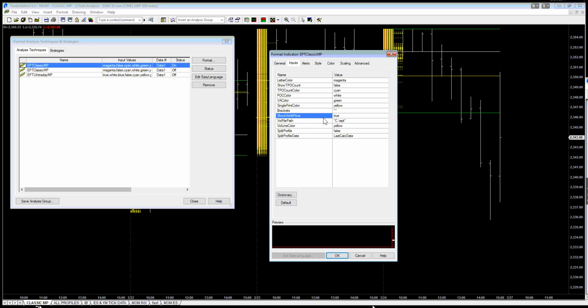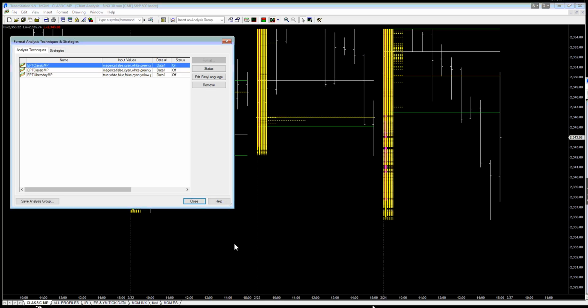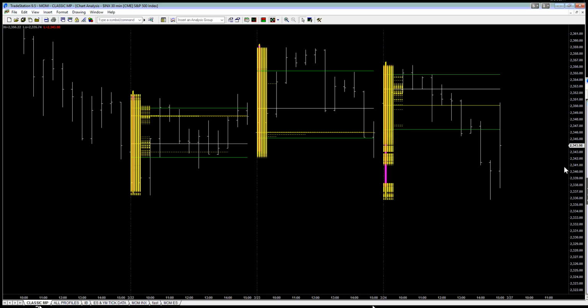Now, you have to be collecting tick data in order for this to work. But this is how it appears. Your profile lines, your upper and lower value areas are going to be the same using this approach. But you're going to have a little different type of data showing up when that takes place.